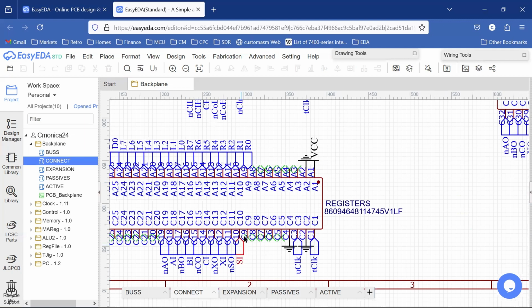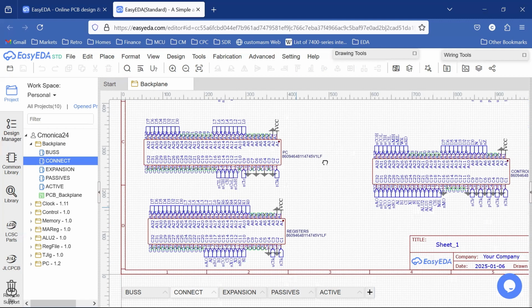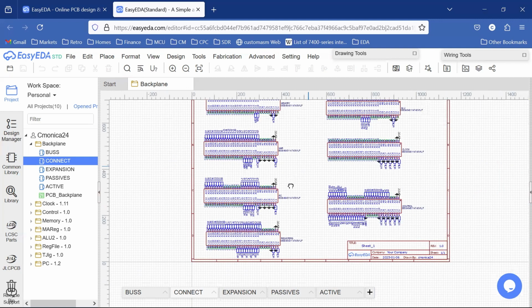See, C10 is a signal here. Technically shouldn't be that way. So that was one of my first errors that I found as I went into bringing everything together, bringing all the card edge connectors together. So that was a first error.